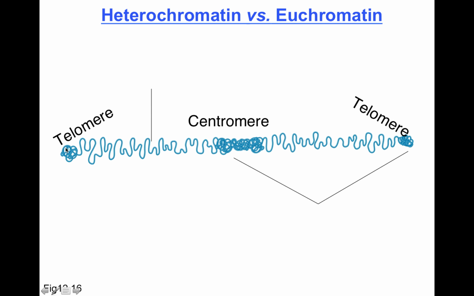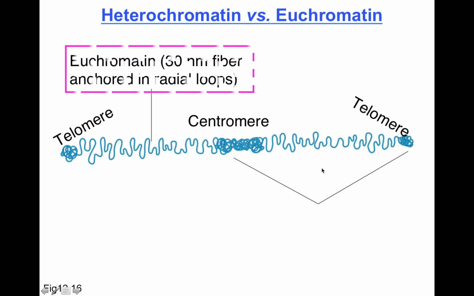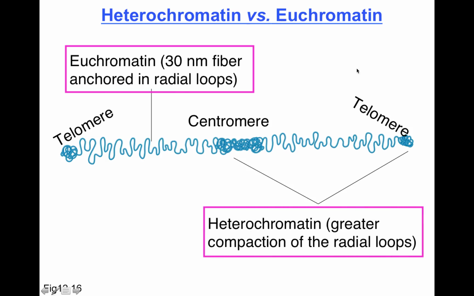Heterochromatin is the very tightly packaged DNA at the telomeres and centromeres, and the euchromatin is the DNA that's not quite so tightly packed. The euchromatin has the 30 nanometer fiber anchored in radial loops, whereas the centromere and the telomeres are heterochromatin, where they are a greater compaction of the radial loops.